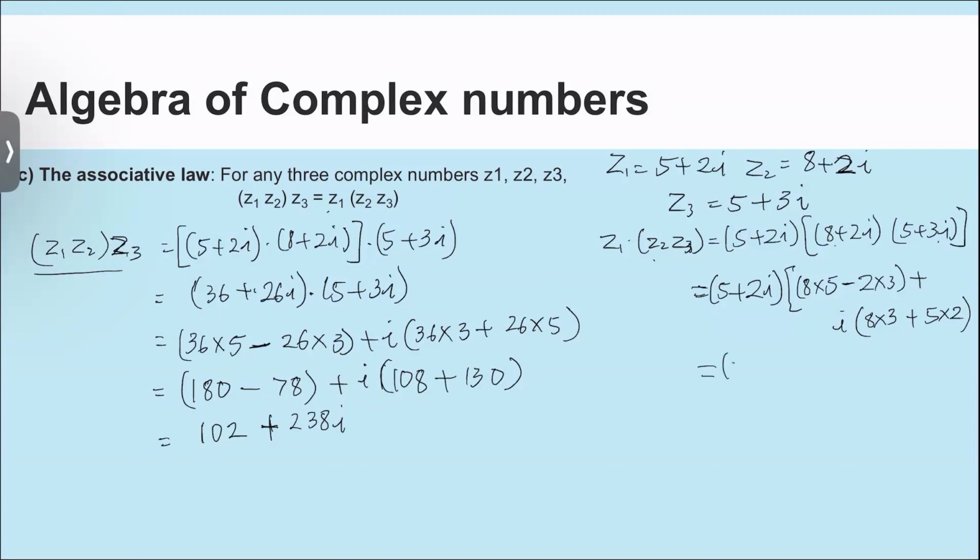Then you simplify the square brackets first. So you get 40 minus 6 plus i times 24 plus 10.